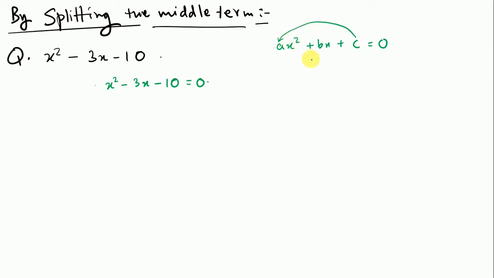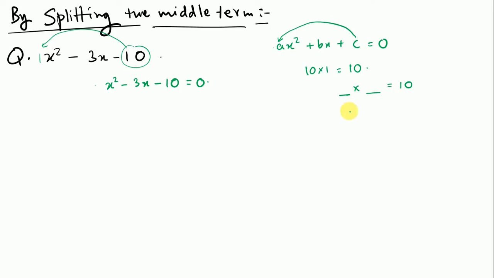Here c is 10 and a is 1, so we multiply 10 with 1, that is 10. Now you have to find a pair of numbers which when multiplied gives 10.